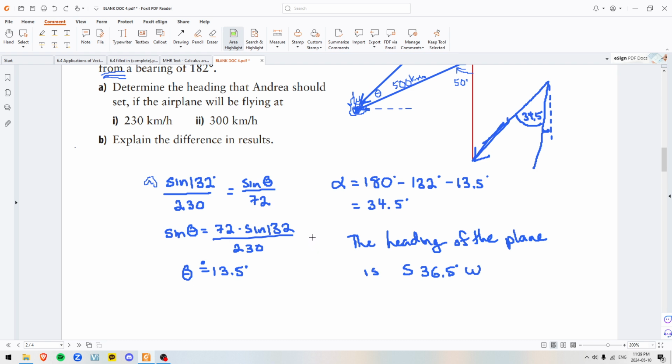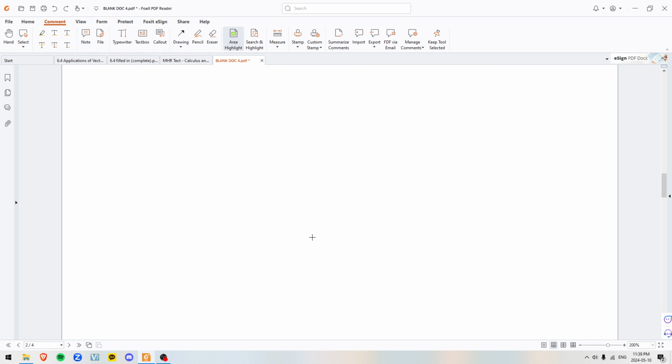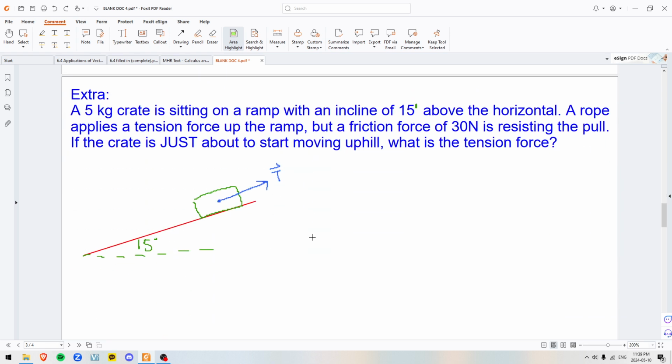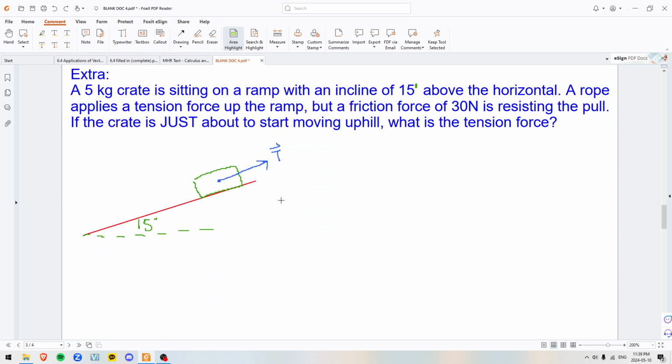I'm going to wrap up this video by answering the very last question I created. So if you want to pause this right now and give it a try yourself, by all means go for it. Here's the explanation. A 5 kilogram crate sitting on a ramp, incline is 15 degrees above the horizontal.